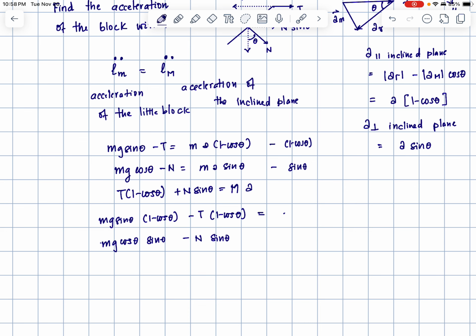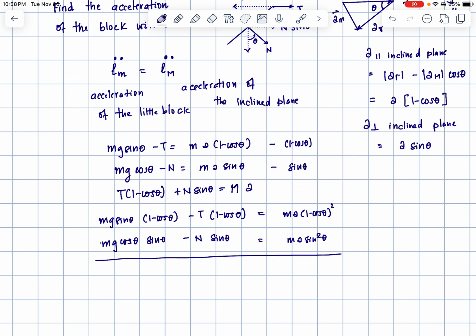This is equal to m times a times (1 minus cosine theta) squared plus m times a times sine squared theta.